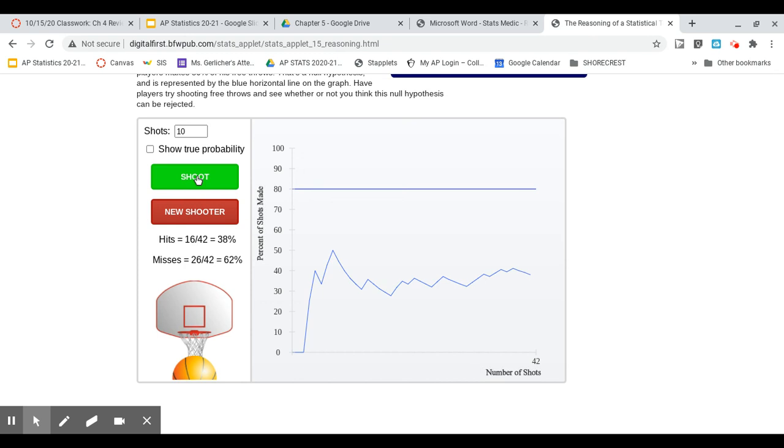Do another 10. Okay, she's at 38%. Now she's at 38% again.